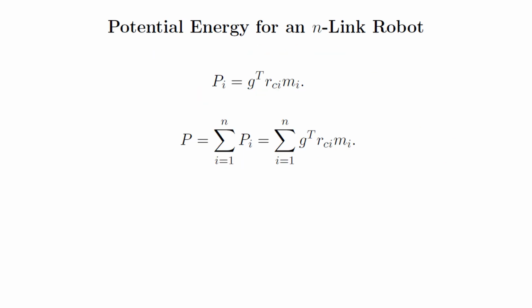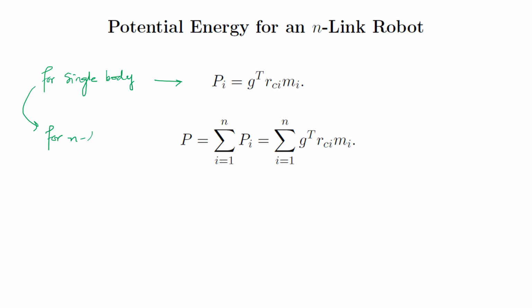The potential energy expression, on the other hand, is quite simple for an N-link robot. You can see the first expression over here, which is for a single body, which you can use to find out an expression for multi-bodies. So that is over here, just like the summation of all these individual expressions together.